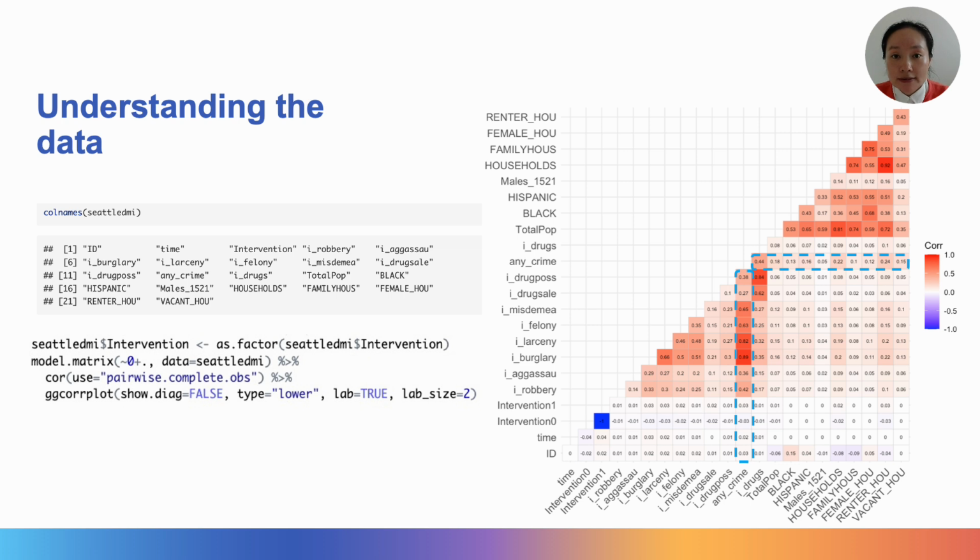So in later stages of analysis, we may consider incorporating these two as additional outcome variables. But for the purpose of this tutorial, we'll only focus on one outcome variable, any crime.